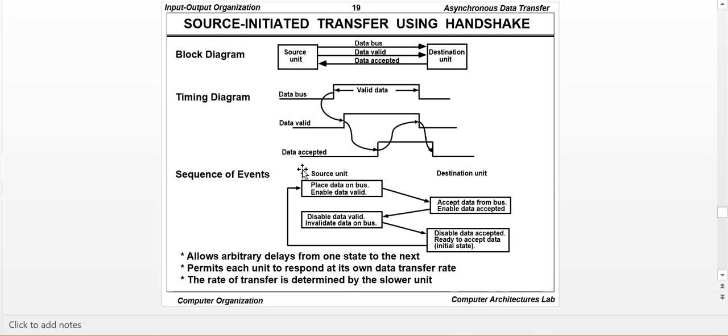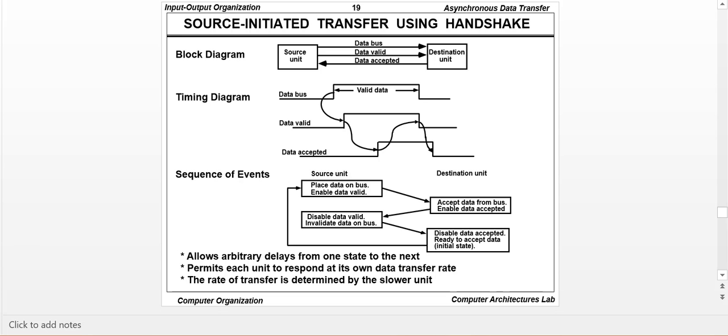The source unit can wait till the data has actually reached the destination unit. Whereas in the previous strobe method, valid data will be placed and it will just inform the destination that valid data is placed, and there is no way to know whether the destination has actually received the data. So that is why this method is much better than the previous one.